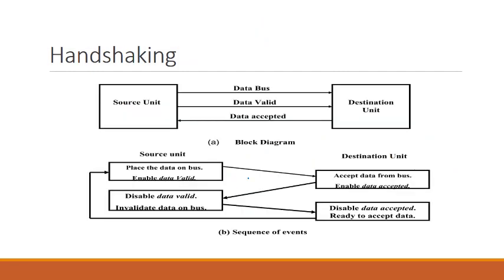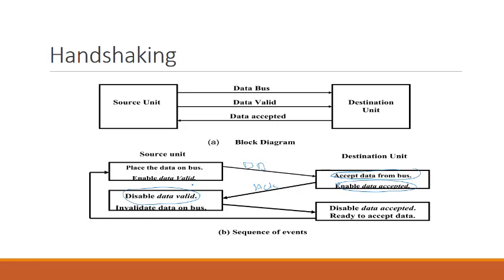So here you can see this is the source unit, this is the destination unit. The source places the data on the data bus and enables the valid data. After accepting the data from the data bus, the destination enables a data accepted acknowledgement to the sender. Then the sender disables the valid data.